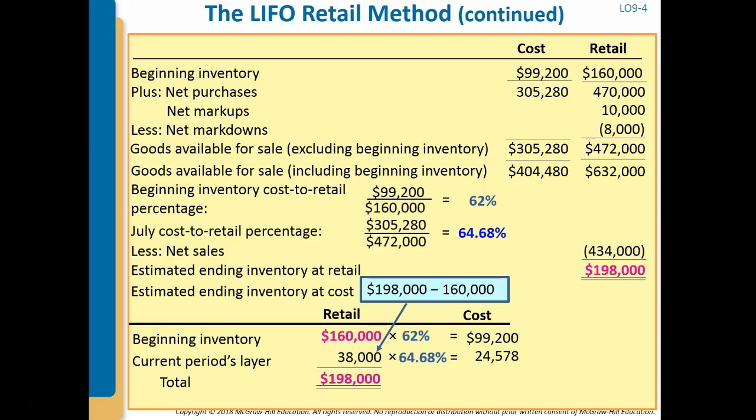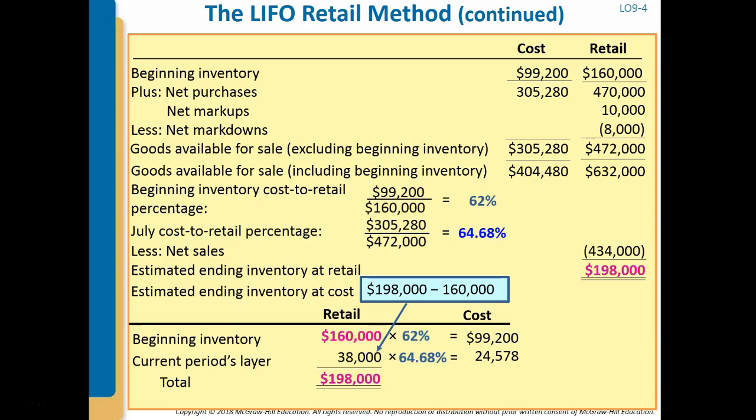To estimate total ending inventory at LIFO cost, we also need to determine the inventory layer added during the period. When using the LIFO retail method, we assume no more than one inventory layer is added per period if inventory increases. Each layer will carry its own cost to retail percentage.